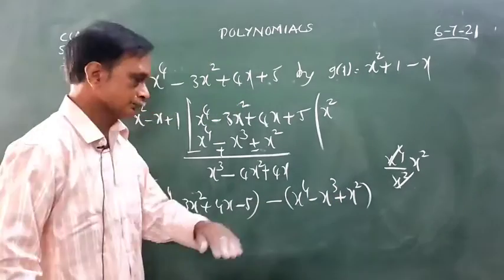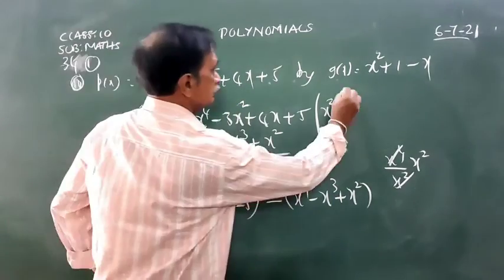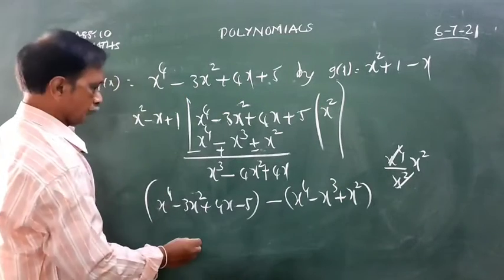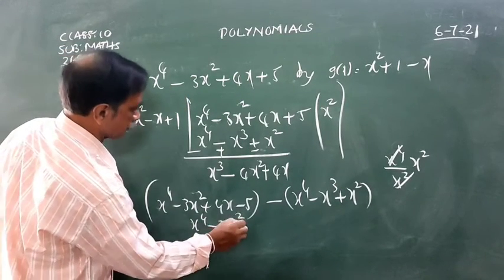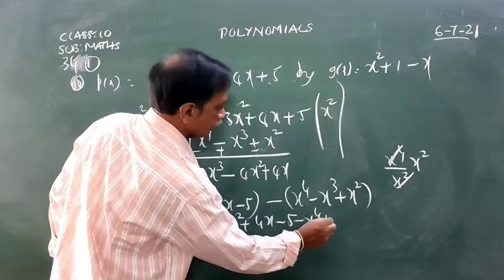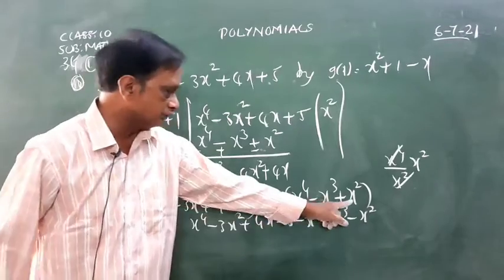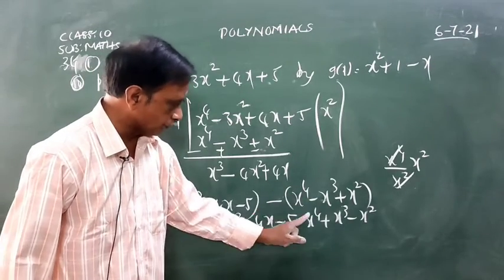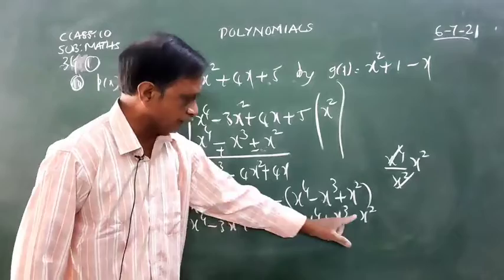See what happens? X power 4 minus 3x square plus 4x plus 5 minus x power 4 plus x cube minus x square. You have to change the symbols of these three. X power 4 minus x power 4 minus x cube can be written as plus x cube, plus x square can be written as minus x square.